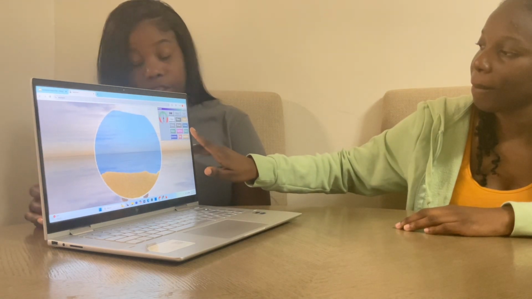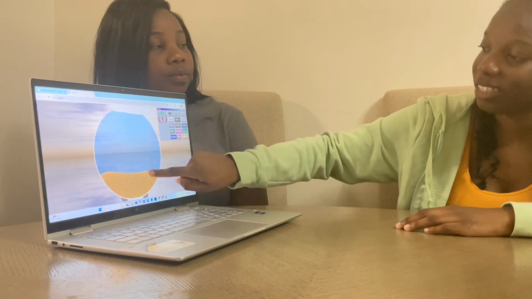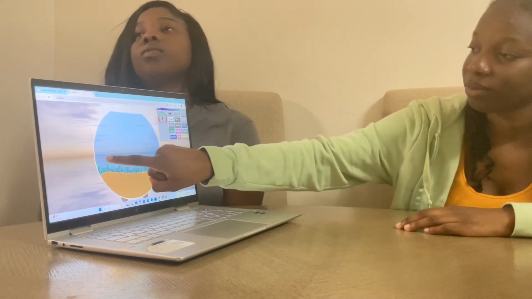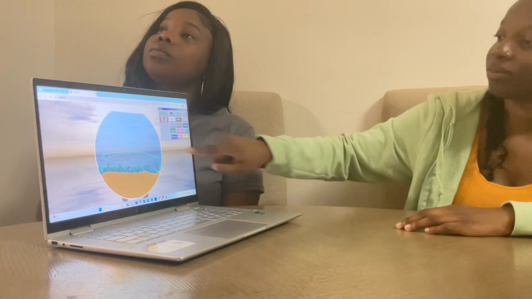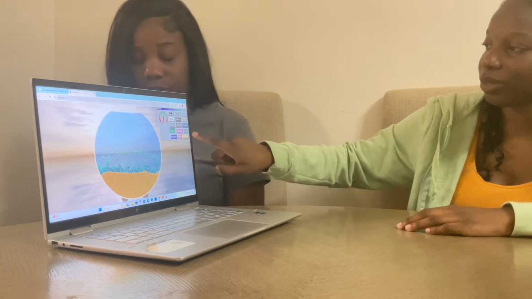What did you include in your ecosystem so far? Water, sand, and grass. Okay. Why did you include grass? Because grass is a producer, so it will produce food.